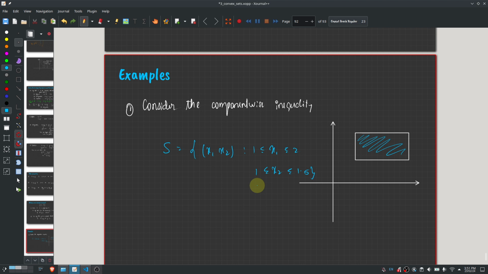So intuitively, what would be the minimum element of S? It would be (1, 1), and that's also something you can prove. So basically this point would be the minimum. In fact, this set has a minimum point.